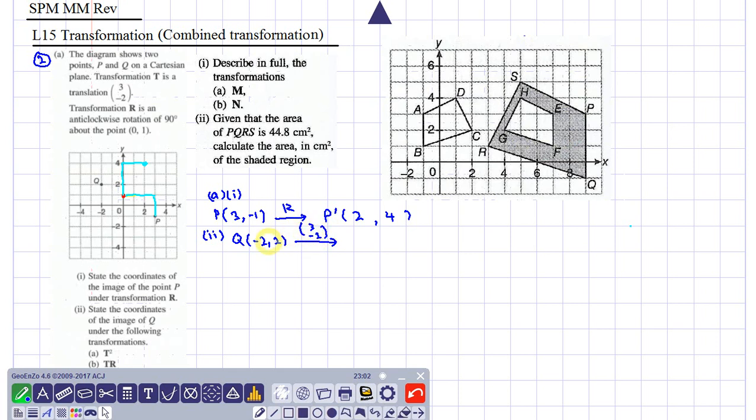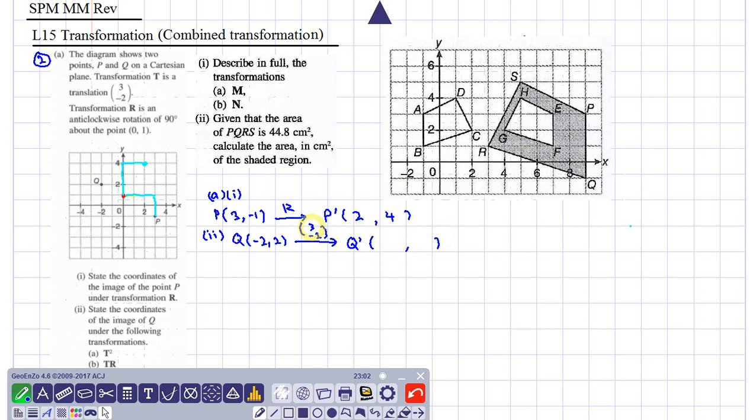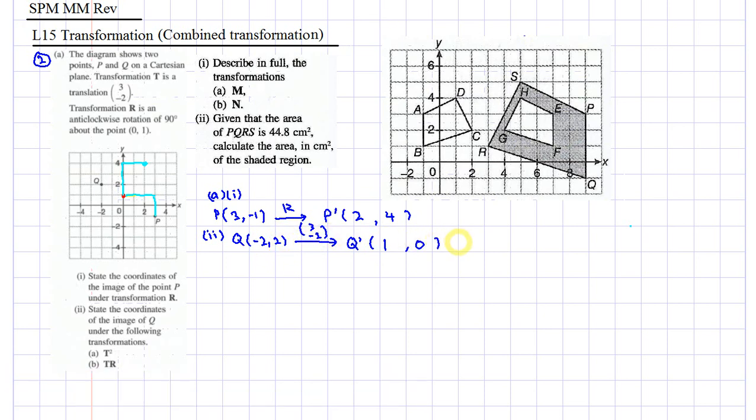So I write 3, -2 because I want you to see it clearer and easier for you to get the image for point Q. Okay, Q prime will be positive 3, -2 plus 3, you get 1, 2 minus 2, you get 0. Okay, so translation one more times, 3, -2.